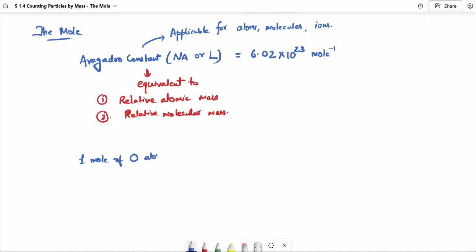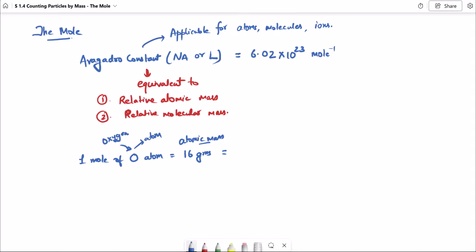When I'm saying 1 mole of oxygen atom, what is the mass? The mass is 16 grams. It's 16.01 something, I'm just writing 16 grams. This is the atomic mass, because this is an atom, oxygen.